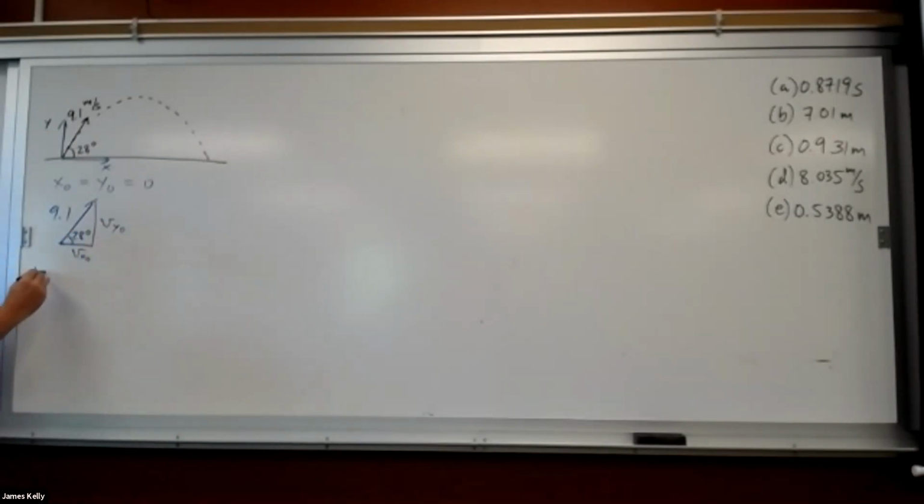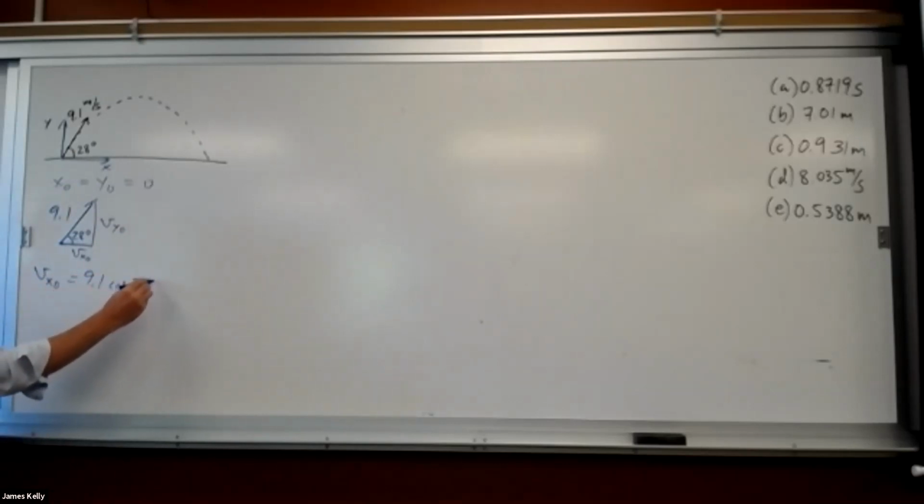And that means, starting with a hypotenuse, what do I do to get to this side? Oh, I pivot through the angle. I like the cosine for some reason. Vx0 equals 9.1 cosine 28. Vy0 is 9.1 times the sine of 28 degrees, and those numbers will be useful for us.